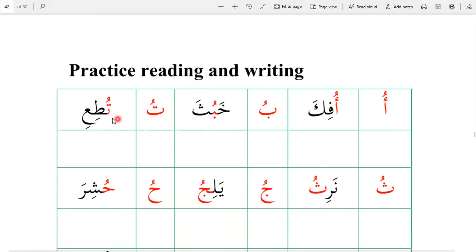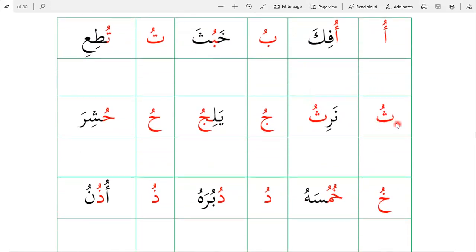Tu, tu, ti, ai. Thu, na, ri, thu. Ju, ya, li, ju. Hu, hu, shi, ra.